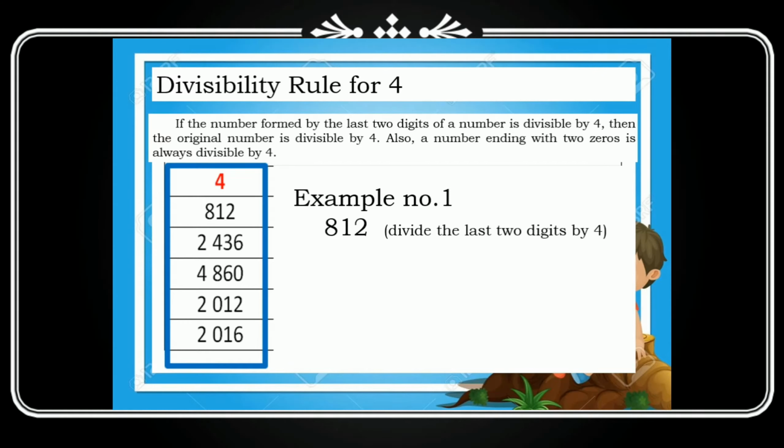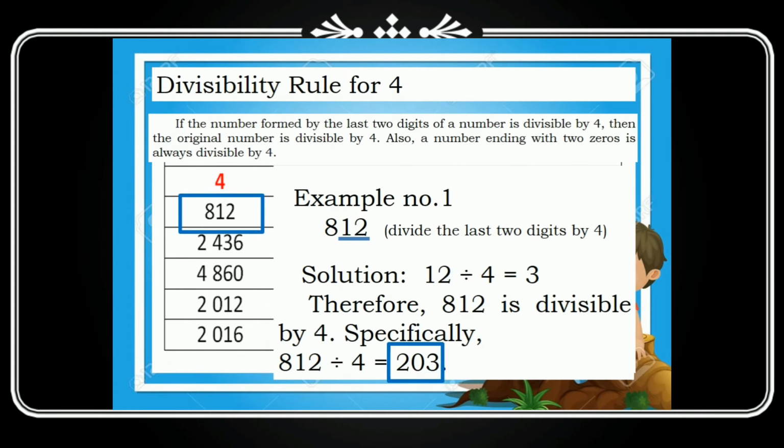For example number 1, we have 812. Divide the last 2 digits by 4, and the last 2 digits is 12. So 12 divided by 4 is equals to 3. Therefore, 812 is divisible by 4. Specifically, 812 divided by 4 is equals to 203.